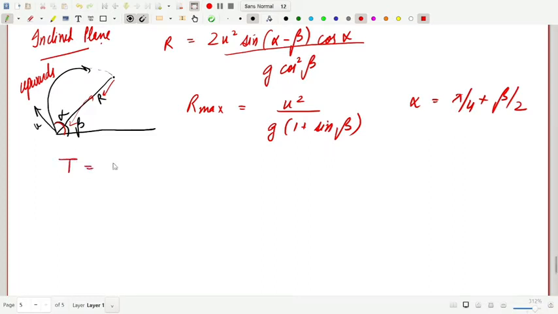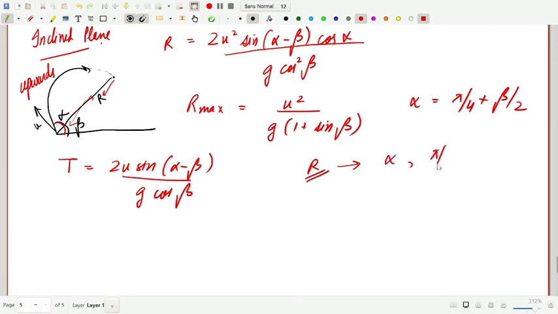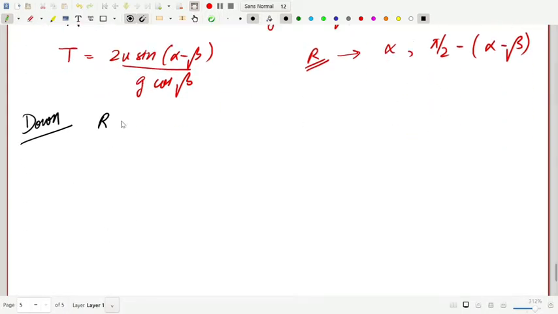Time of flight is equal to 2u sin alpha minus beta over g cos beta, and for a particular range we have two angles of projection, that is alpha and the other is pi by 2 minus alpha minus beta.